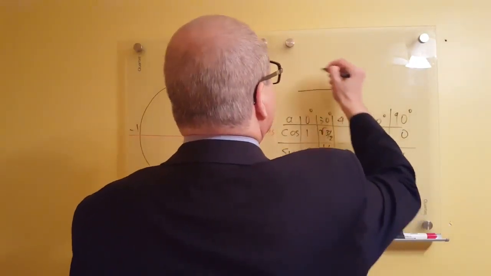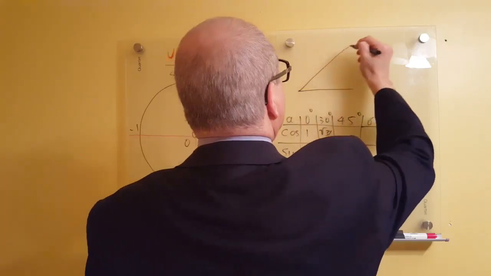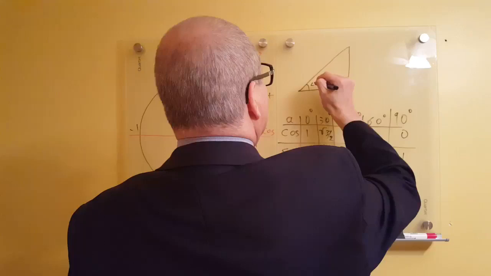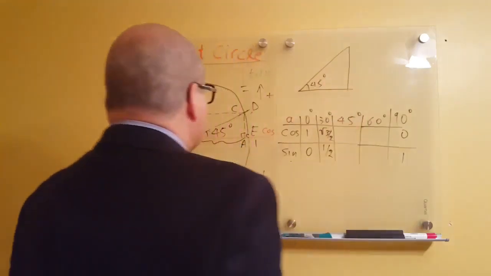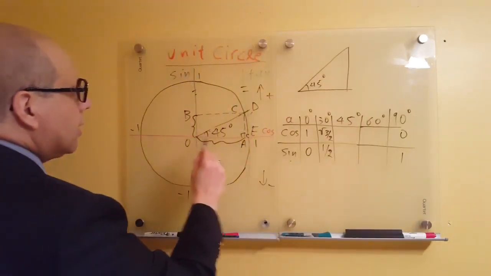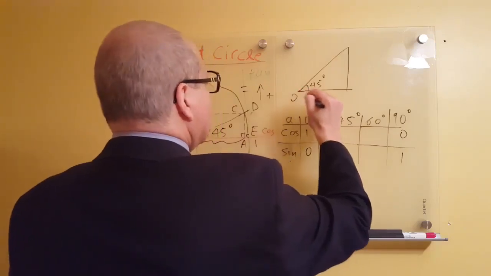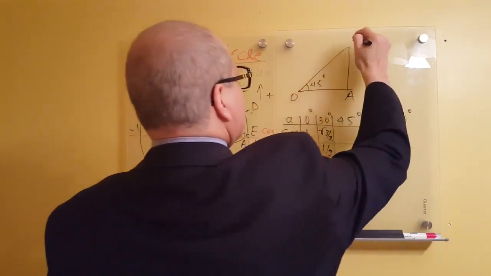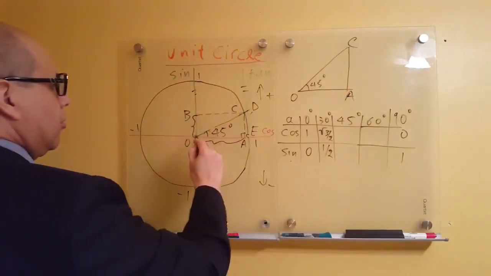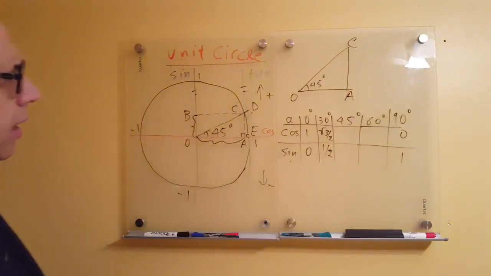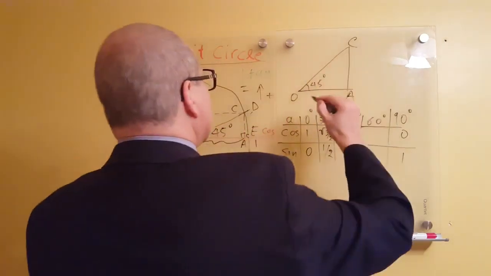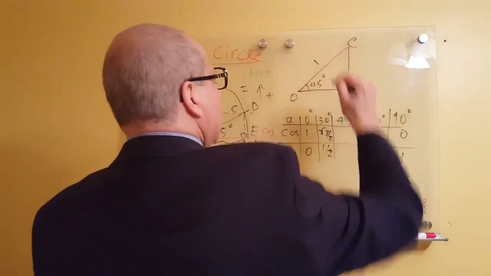So again, this will be the O, this will be the A, and this will be the C. Okay, OAC. And of course, again, this here is the radius, the OC, so that's again 1.